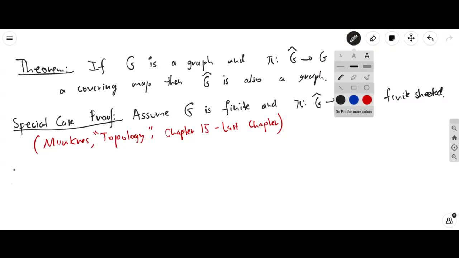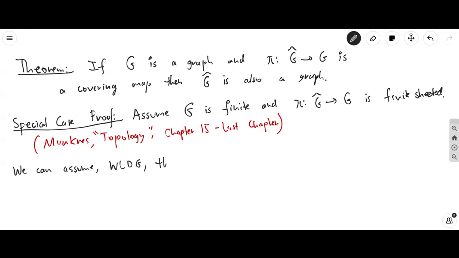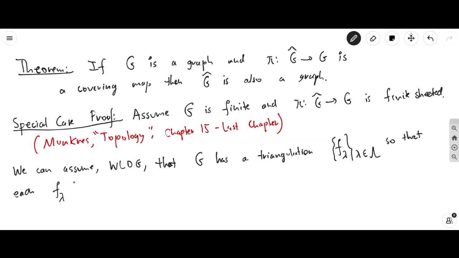So we can assume without loss of generality that G has a triangulation F lambda, so that the image of each of these, which we're calling G subscript lambda, are the edges, so that each edge is evenly covered.